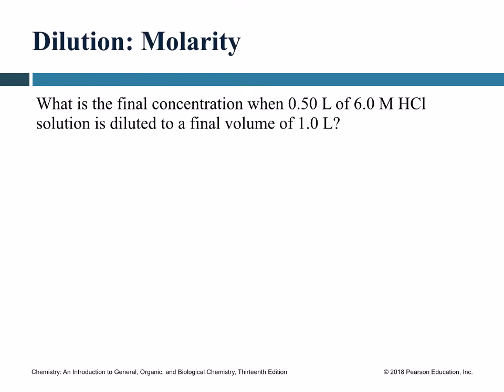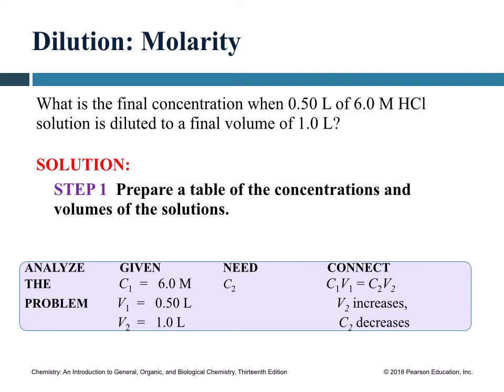Here's one example. Pause the video and attempt the problem before proceeding. In the problem, we are given initial volume and initial concentration. We are told that the solution was diluted to a final volume V2 of 1.0 liters. Since this is a dilution problem, the moles of hydrochloric acid didn't change.